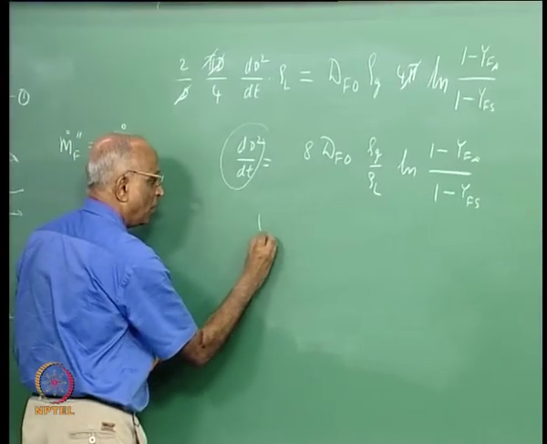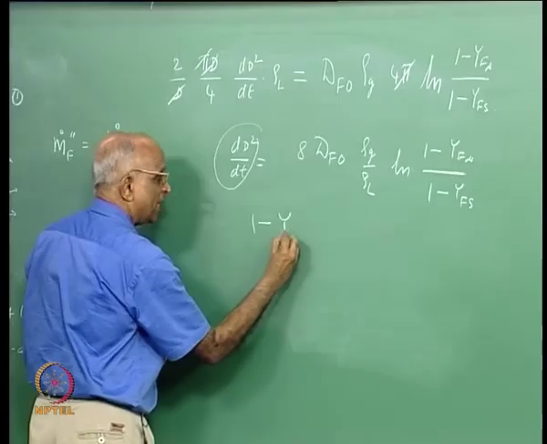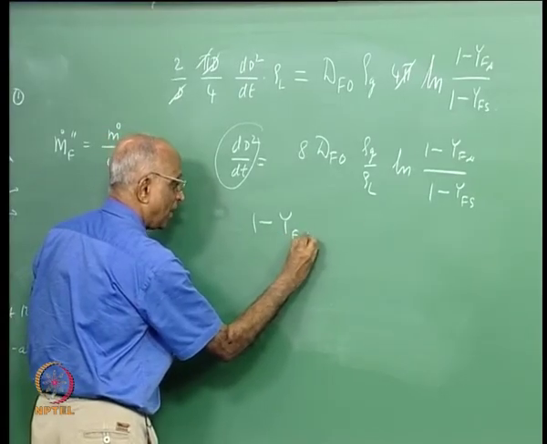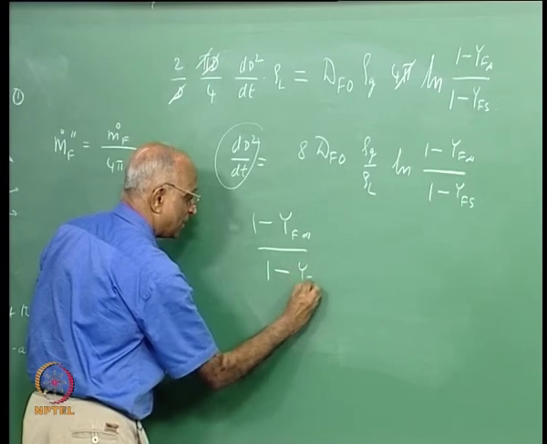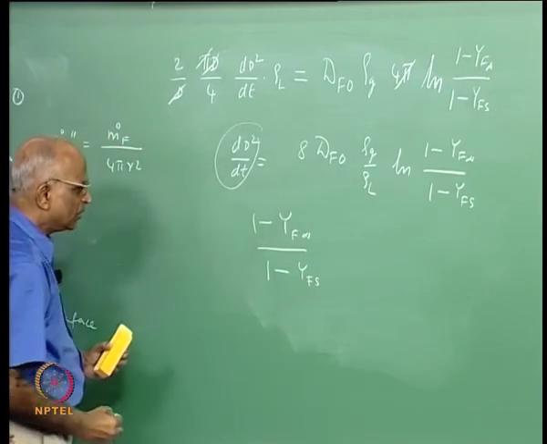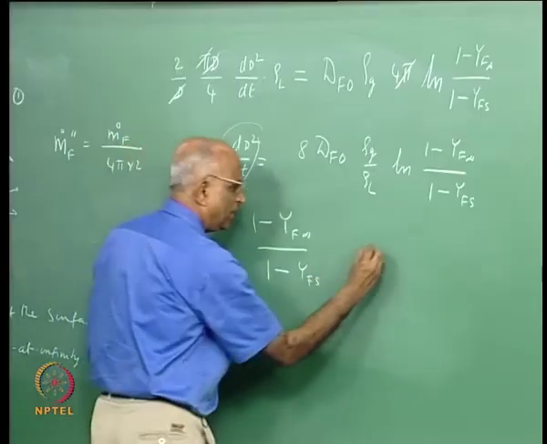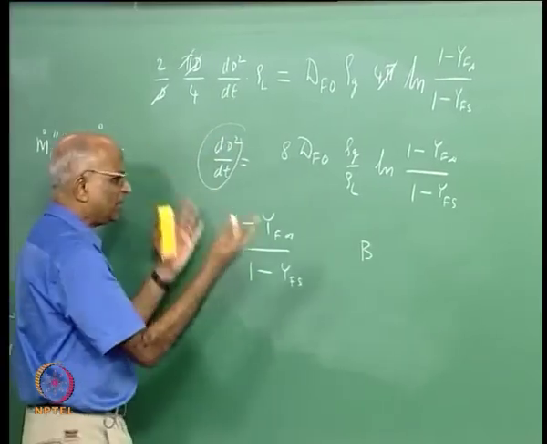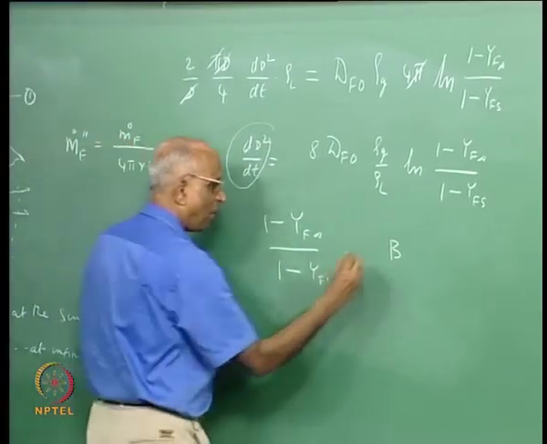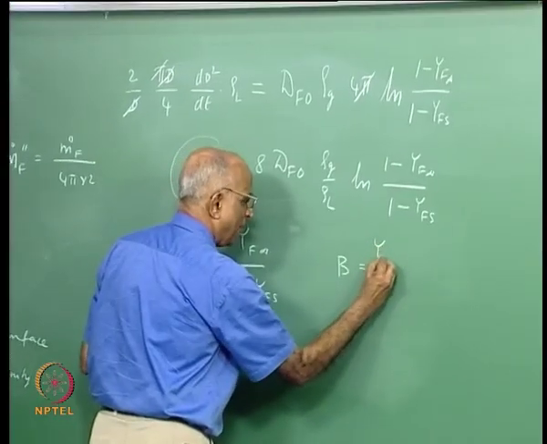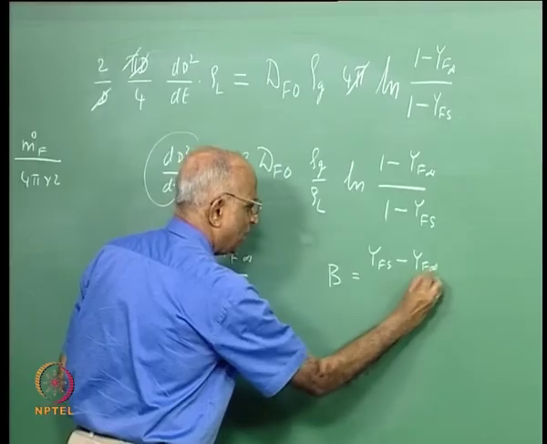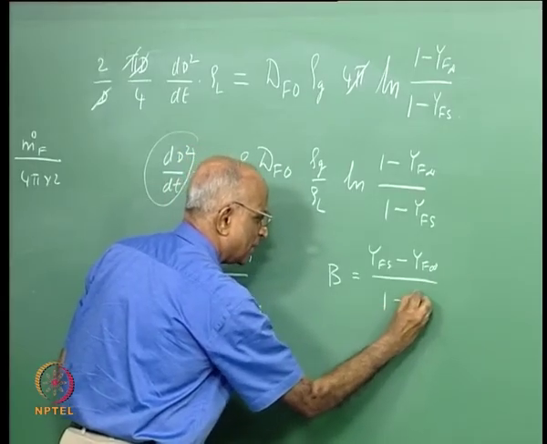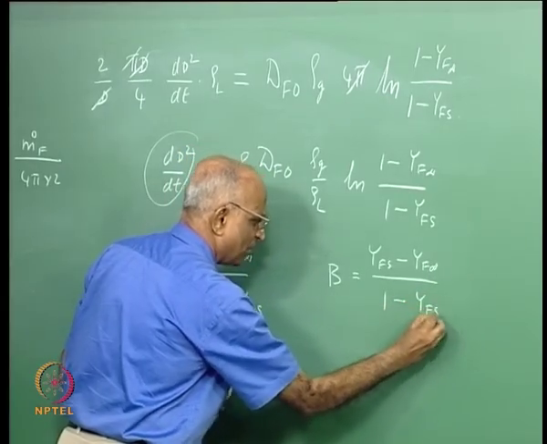I have a term, 1 minus the mass fraction of fuel far away, minus 1 minus the mass fraction at the surface. Supposing I define a term B, which I call equal to the mass fraction at the surface minus the mass fraction at infinity, divided by 1 minus the mass fraction at the surface.